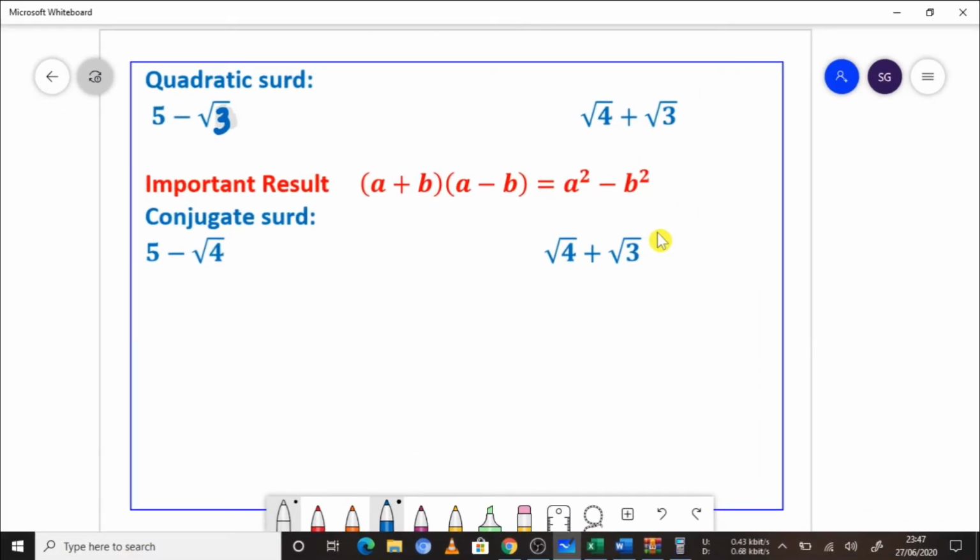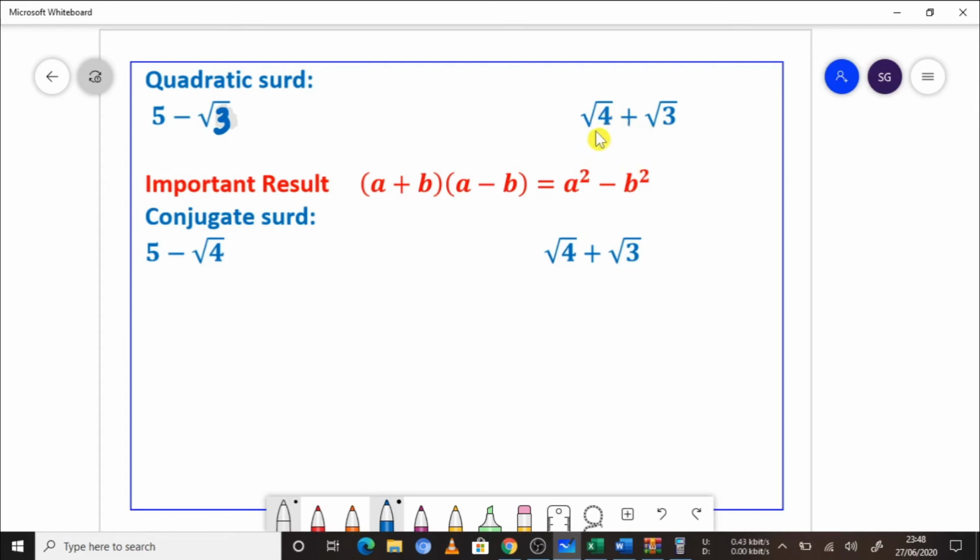Okay, another definition that we need to have in our pocket is what a quadratic surd is. A surd is not just a single irrational number or a root. It can be a combination of a rational number and an irrational number. When you combine a rational and an irrational number by addition or subtraction, you get a quadratic surd. For example, this is also a quadratic surd where you have square root of 4 plus square root of 3.